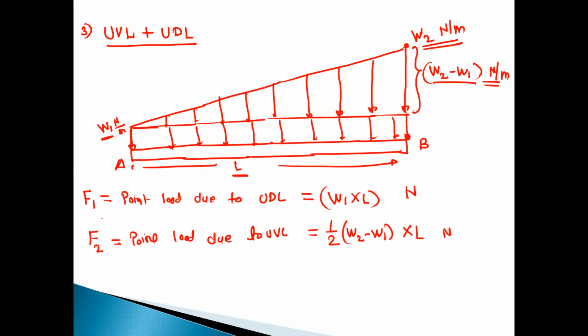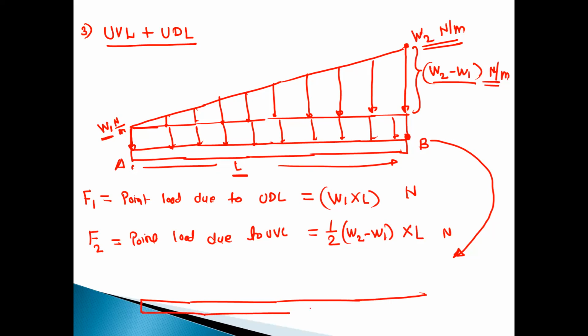Now next, we have to show that point load on the beam AB when we draw the free body diagram. So we will convert this actual loading into a free body diagram. This is the beam AB.